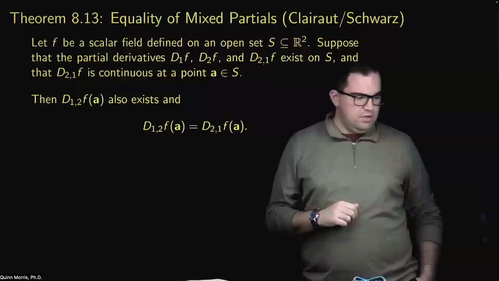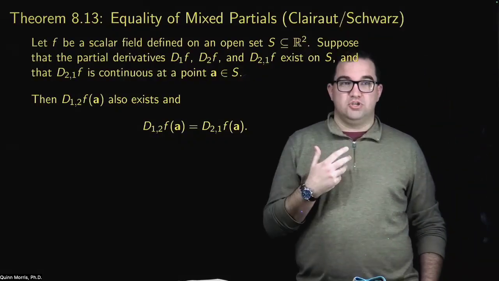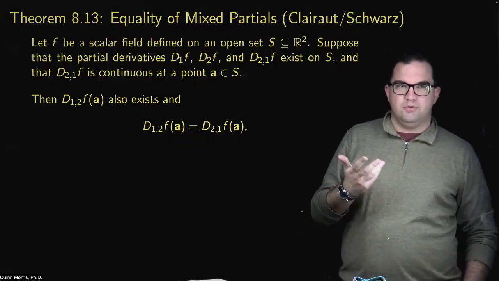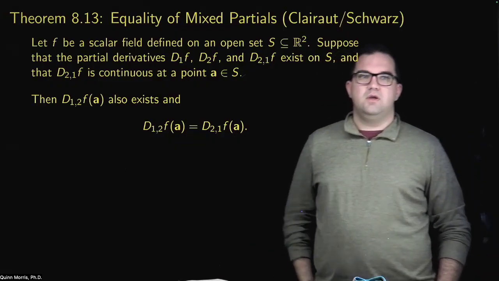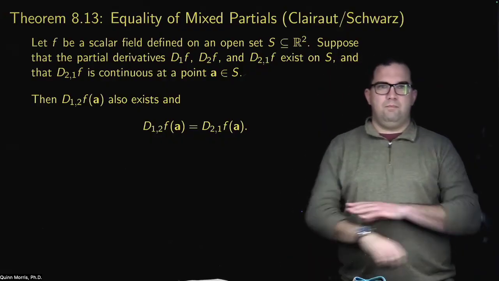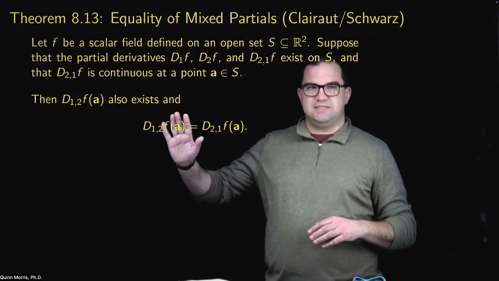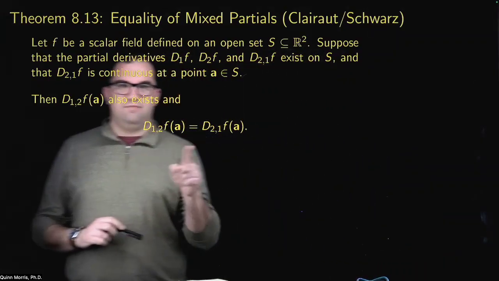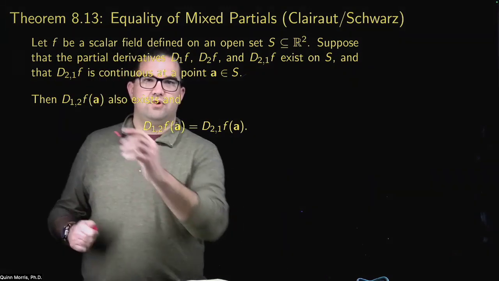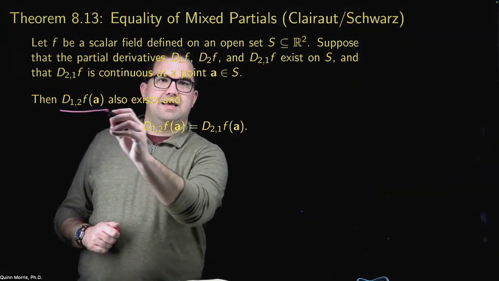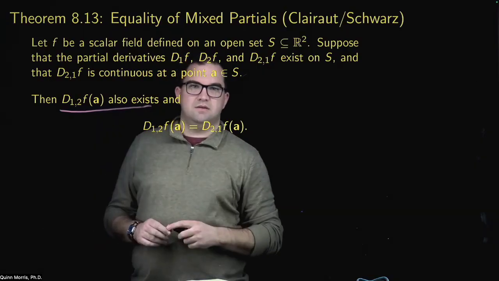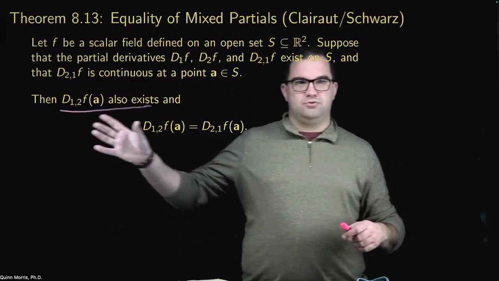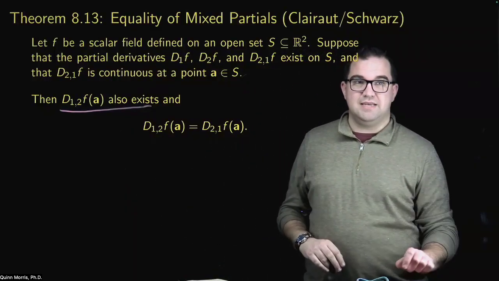Now, this is what I would call the stronger version of Clairaut's theorem. This is typically what somebody is thinking of when they say Clairaut's theorem. What I want to point out is that there are actually two pieces that you conclude here. It's not just that you get equality of mixed partials, although that's often what you're after. You also get the existence of this other mixed partial, which obviously you couldn't have equality of the mixed partials if the other mixed partial didn't exist.